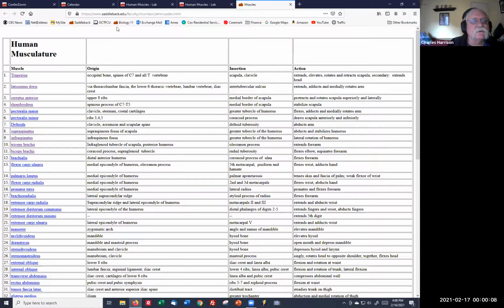If you look at the URL up here, C. Harrison, my name, SM muscles, that stands for small muscles. That's just what I named it at the time. But then there's a period or dot HTML, hypertext markup.